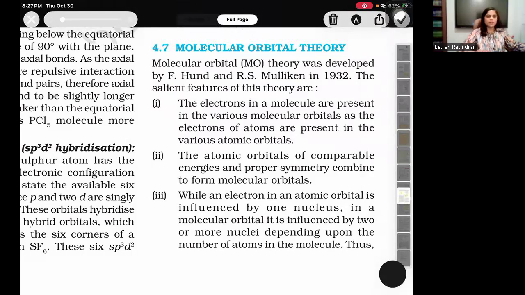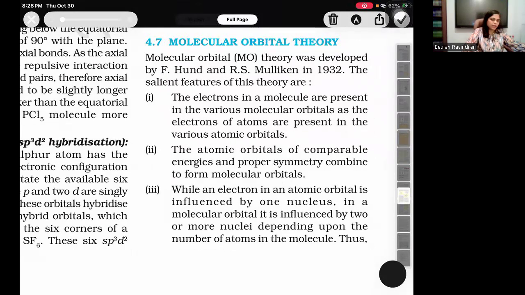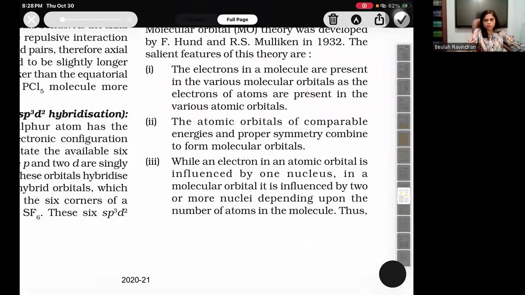It offers insights into how molecules are formed and how they stick together. There are many postulates given, so you have to read these postulates. It was created to better understand how molecules form, bond and behave, especially for complex cases.